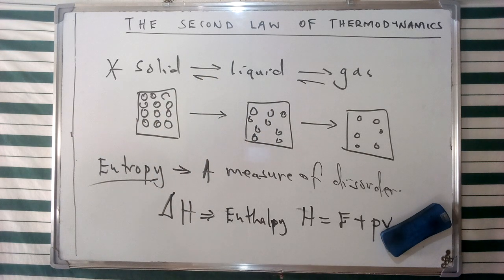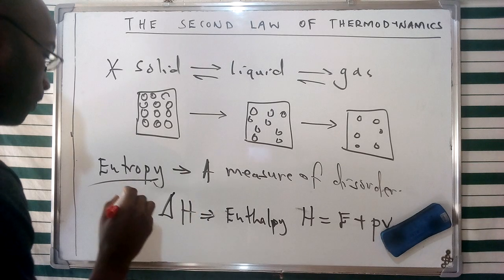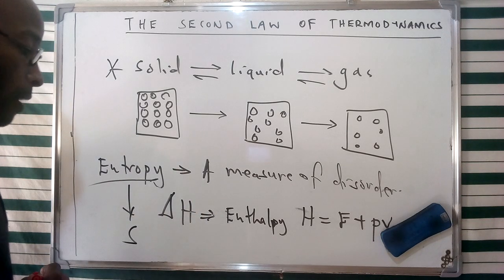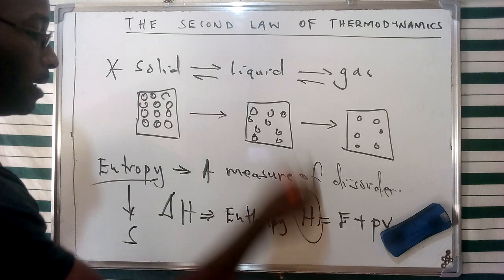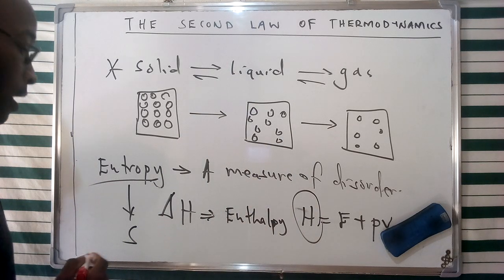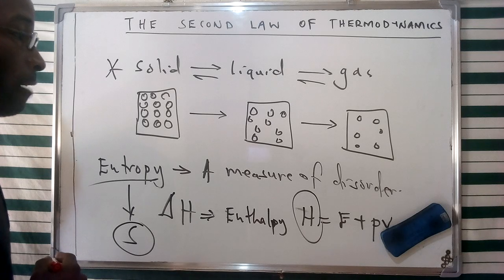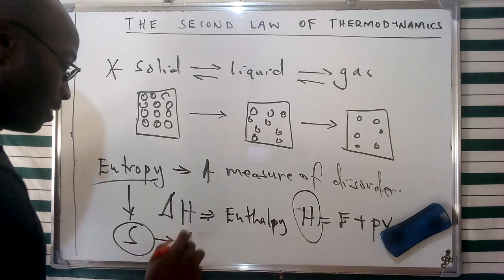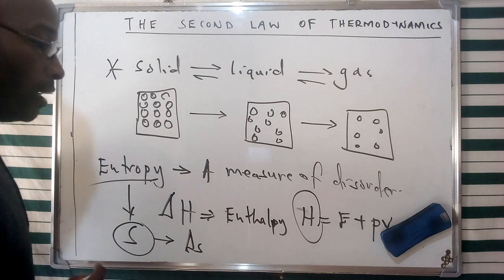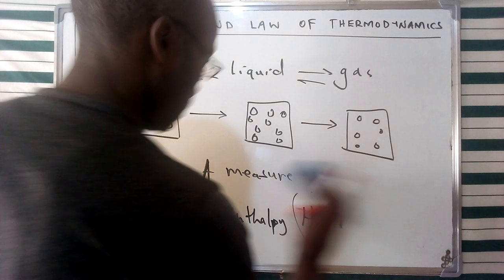And it's going to be represented using the symbol S. Just like we represent enthalpy using H, entropy is going to be represented using the symbol S. And whenever I mention a change in entropy, I'm going to use delta S, given as such.